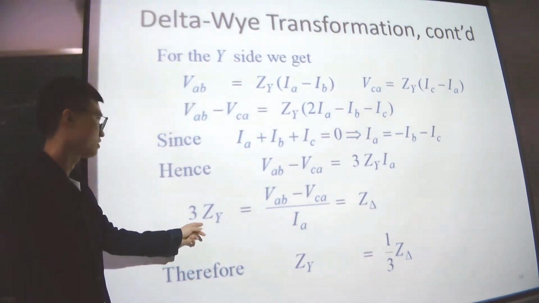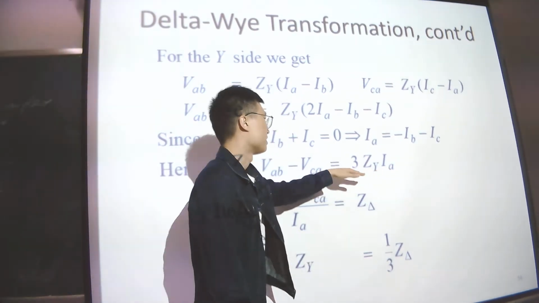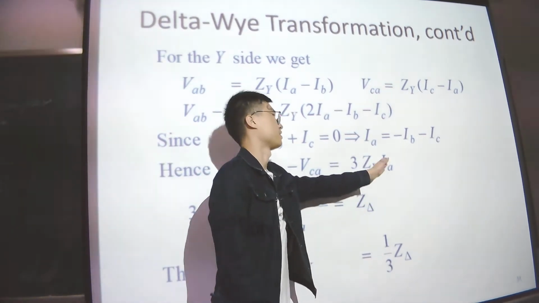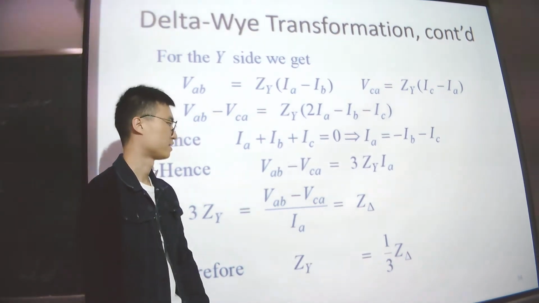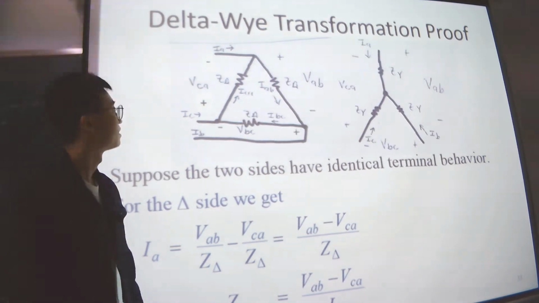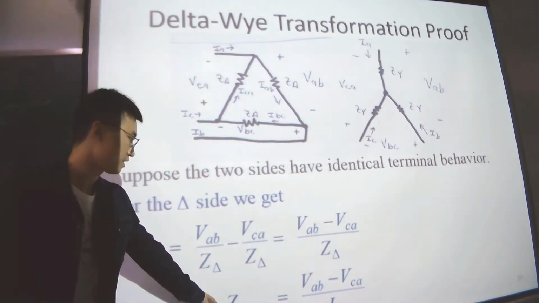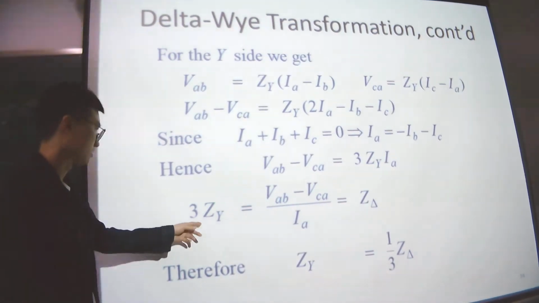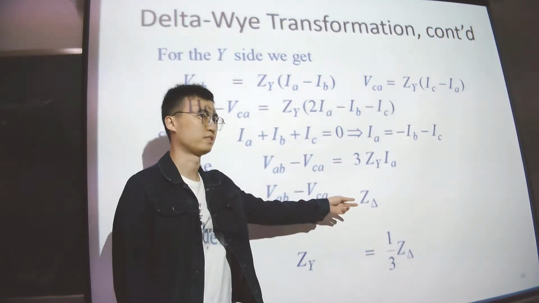And you can see 3 Dy, just use this, with both sides divided by the current phase A. So here is clear, and you can get the Dy is here, right? V delta. V delta is here, right? Because we got V delta is equal to this. So 3 times Dy is equal to V delta.